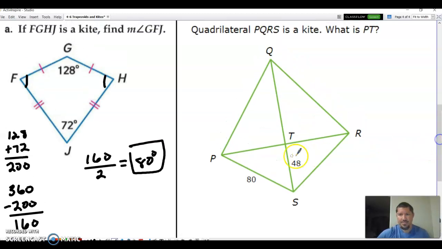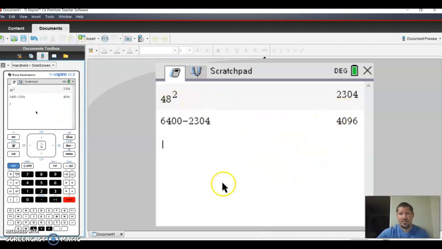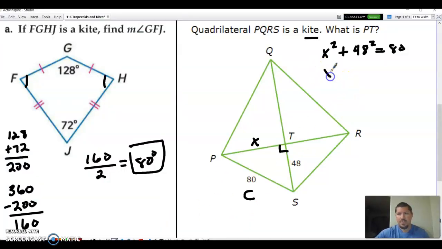Alright, last example. So it's a kite, which means that's perpendicular, so we have a right angle. We want to find PT, so this is a right triangle. We're going to have to use Pythagorean theorem. That's my C. So x squared plus 48 squared is equal to 80 squared. So using our calculator, 48 squared is 2304. So this is going to be x squared plus 2304 equals 6400, because 8 squared is 64, 2 zeros on the back.